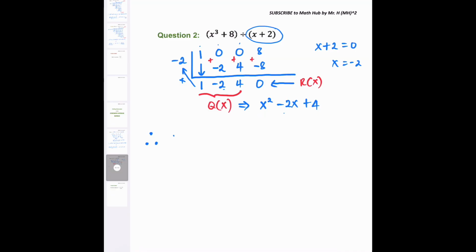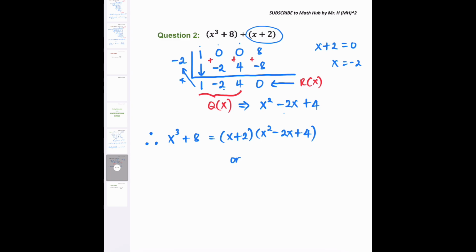So to write our answer, we have x cubed plus 8 will be equal to our d of x, or the divisor, x plus 2, multiplied by the q of x, which is x squared minus 2x plus 4.